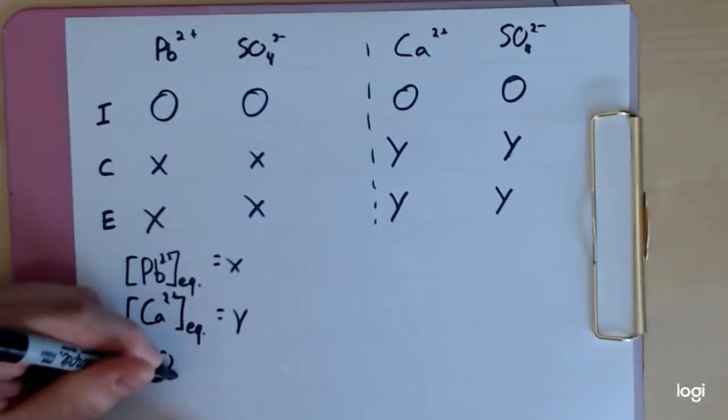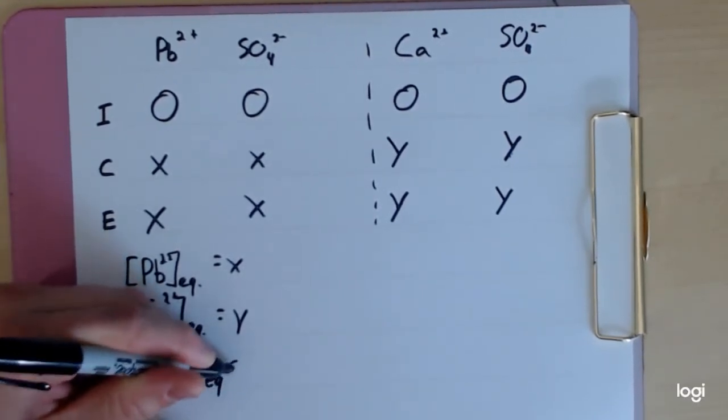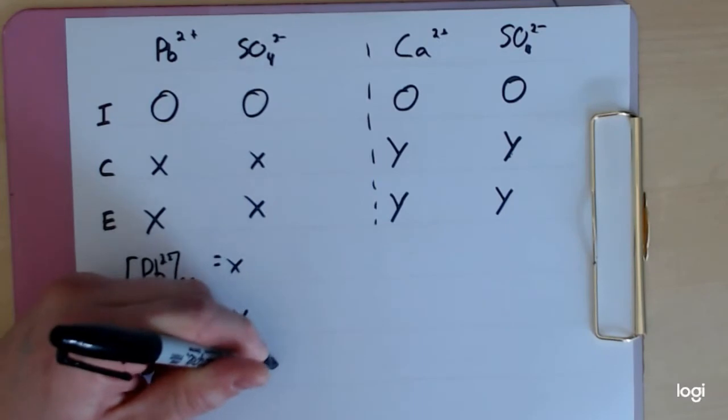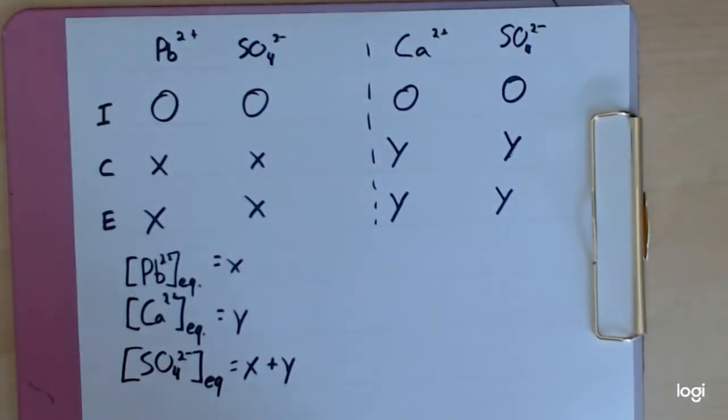So the equilibrium concentration for sulfate is X plus Y, because you have both reactions contributing sulfate to the ultimate reaction.